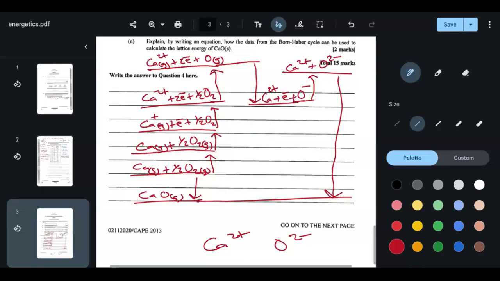So let me switch now to the 2023 paper. Download this. All right, let me share this.